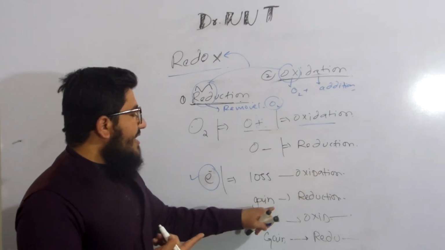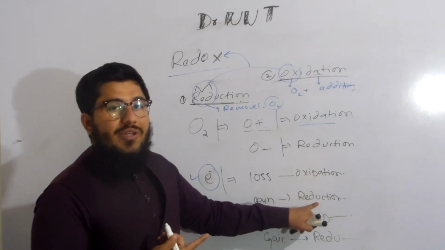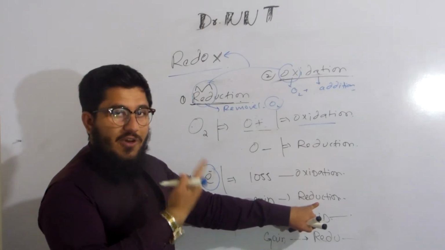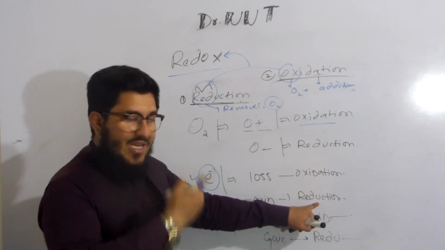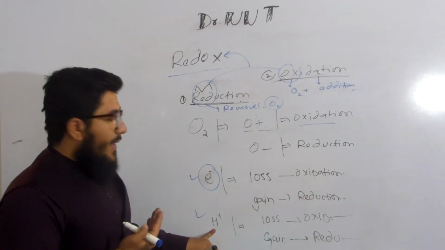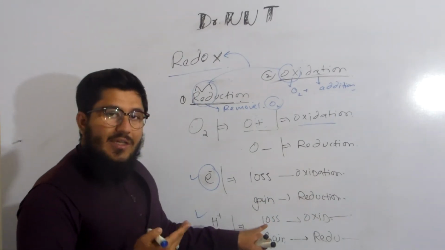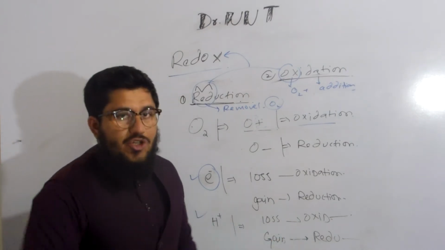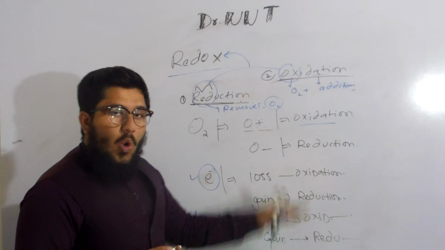And if the electron is gained, that is called reduction. Don't get confused; I'm going to make it easy further. Proton: if the proton is lost, it is called oxidation, and if the proton is gained, that is called reduction. So just note these down.